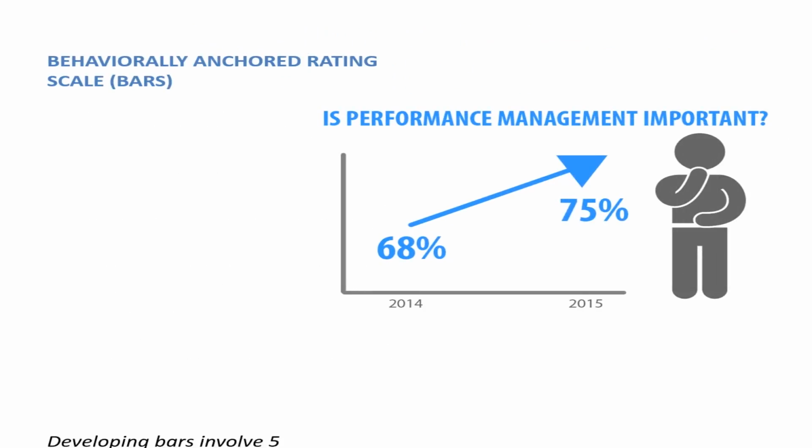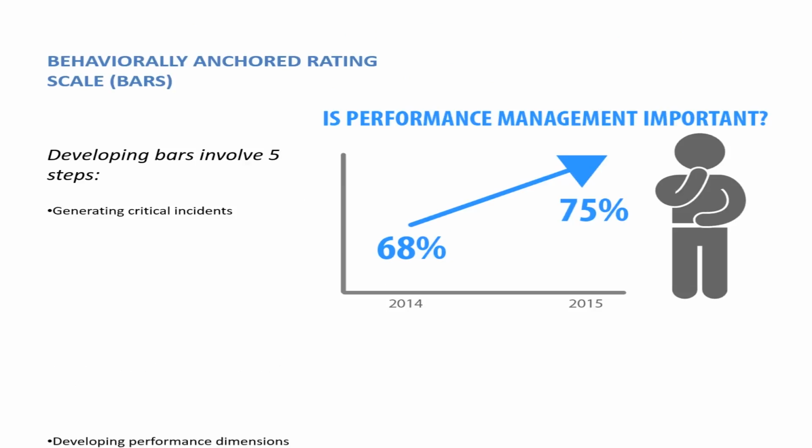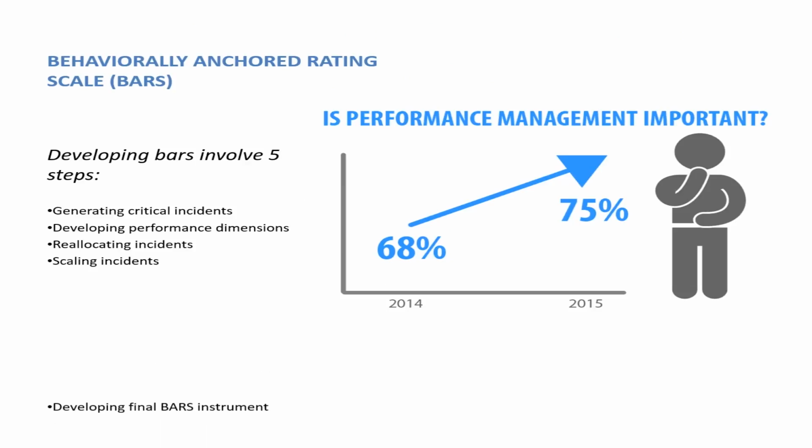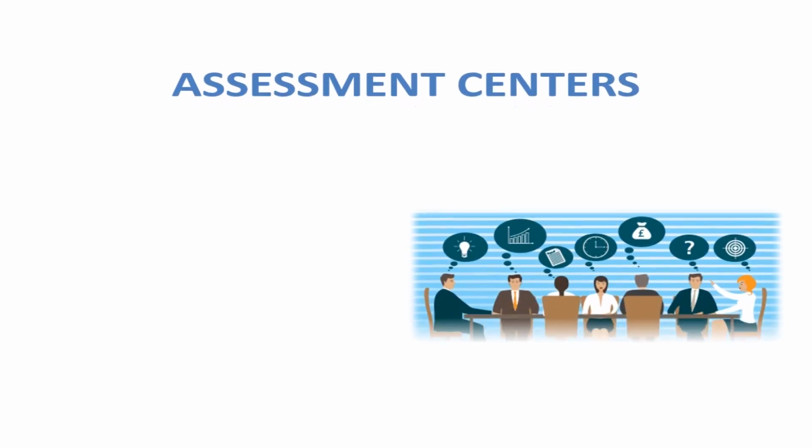Developing BARS involves 5 steps: generating critical incidents, developing performance dimensions, reallocating incidents, scaling incidents, developing final BARS instrument.